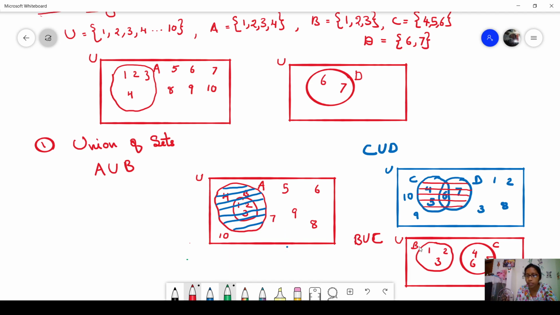So I am using the green pen to shade the region. So this is B union C.